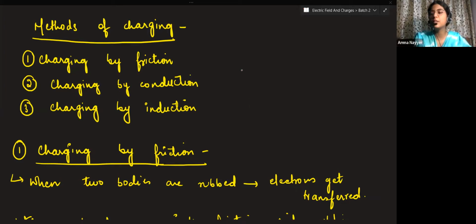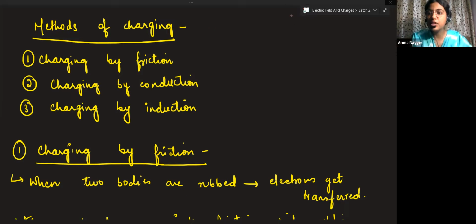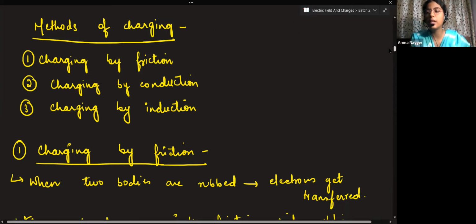Fine. So in charging by friction, we had seen that if two bodies are rubbed together, then electrons get transferred. The heat energy allows the electrons to get transferred.